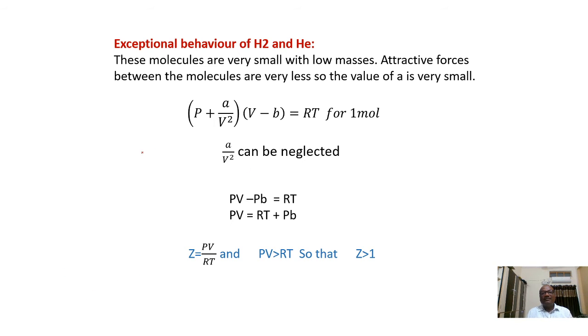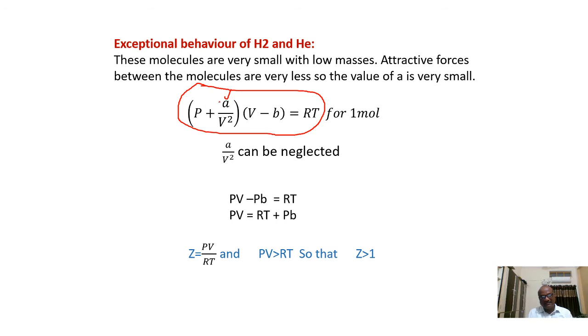Let us see the van der Waals equation for 1 mole, where we have substituted n is equal to 1. Since these molecules are very small and having meager van der Waals forces, means weak van der Waals forces, that's why a value will be very less. Already we have seen in the table, a value is very less, so that a/V² can be neglected.